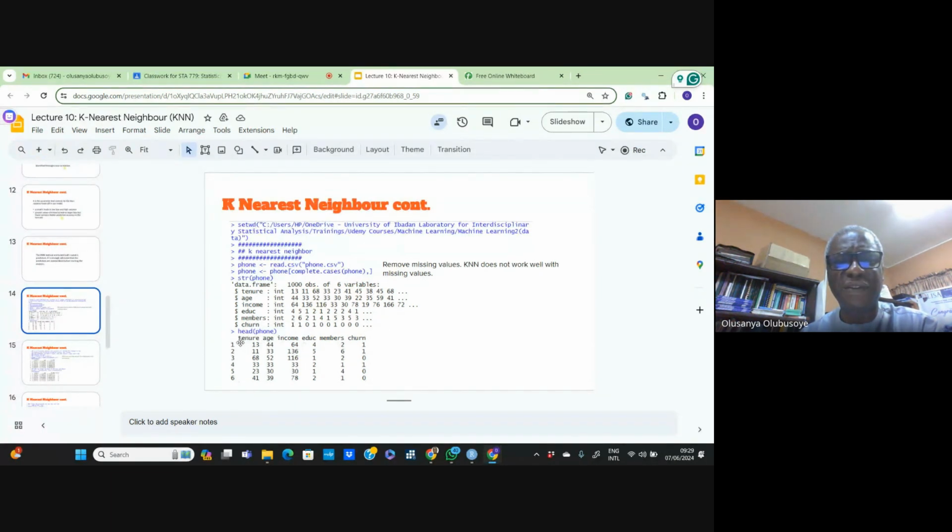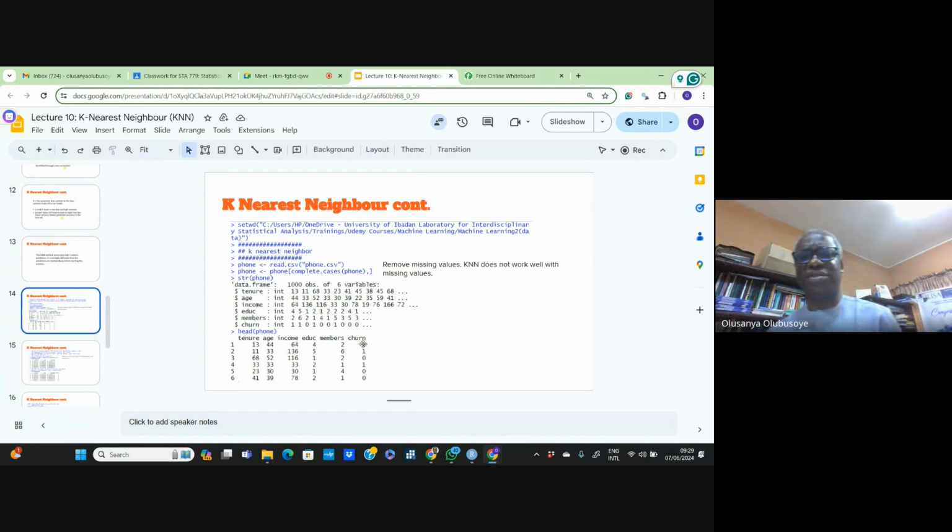So this first customer has been with the network for 13 years. The age is 44. The income is 64. The education rank is 4. There are 2 members in the family, and this person has churned, so it's 1.